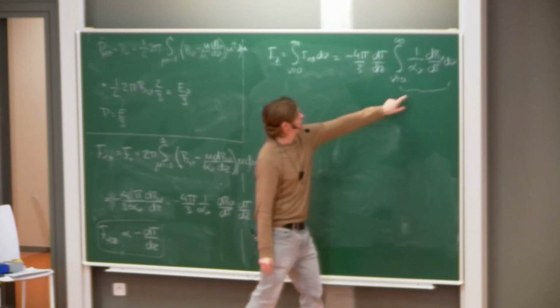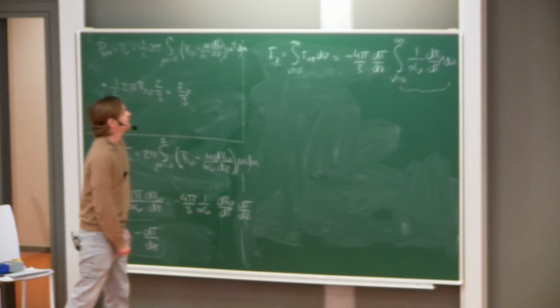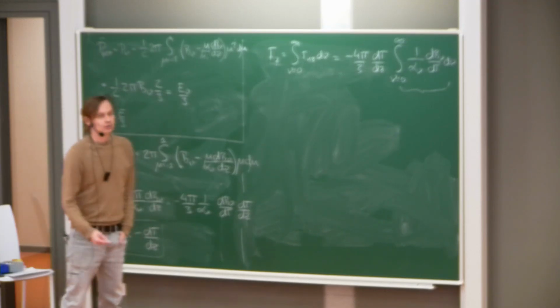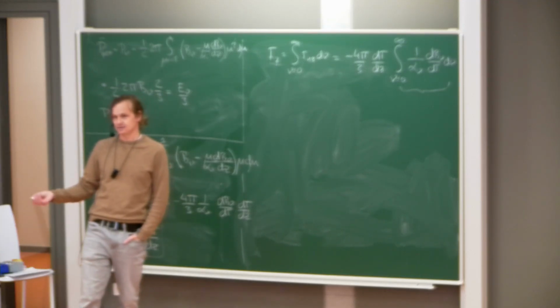Now, often you will find this defined as a harmonic mean called the Rosseland mean opacity. Okay?